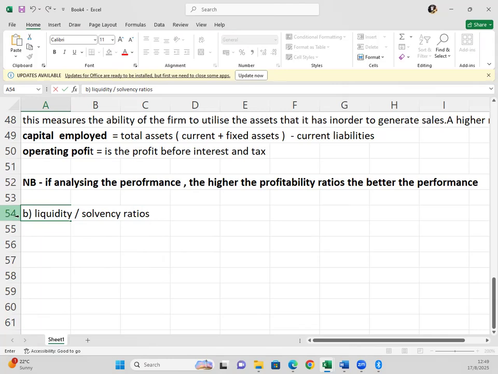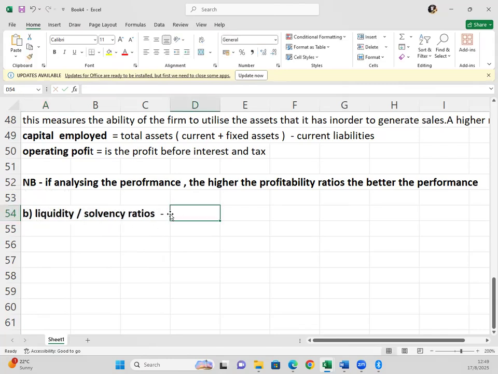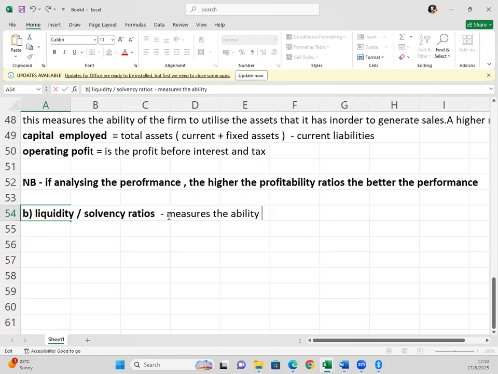So what do they have in common? A liquidity ratio measures whether we are able to pay our debts in time. So it measures the ability of the firm to repay its debts in time. Are we able to pay those we are owing?